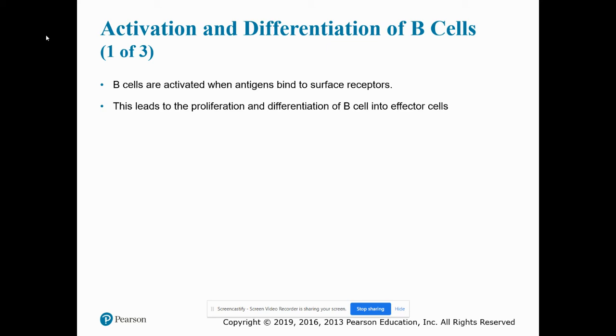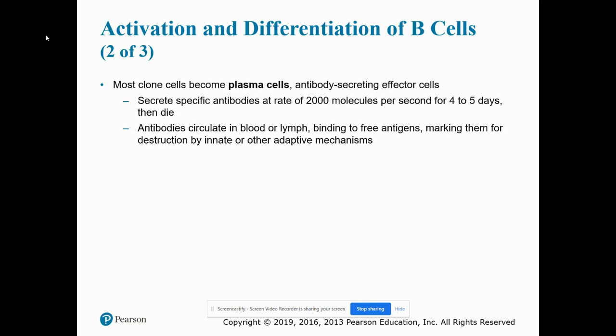The B cells, once again, are activated whenever antigens bind to those surface receptors. This goes back to the previous video, where we talked about how once the antigen binds, it's going to lead to the proliferation and the differentiation of B cells into effector cells. The vast majority of the clone cells are going to become plasma cells, and plasma cells are antibody secreting effector cells.